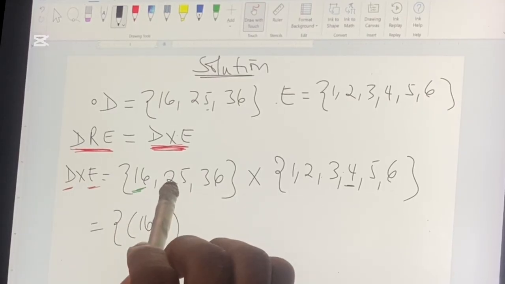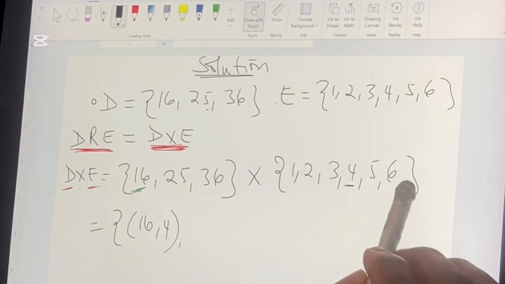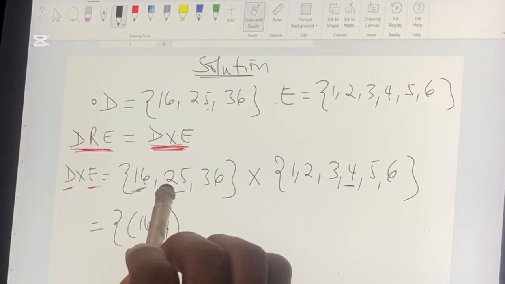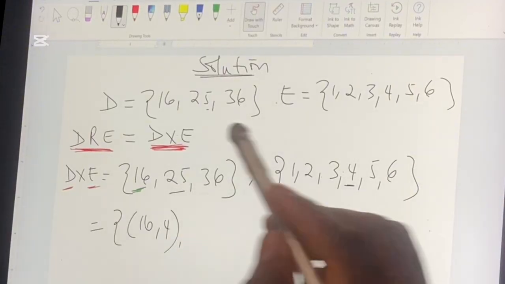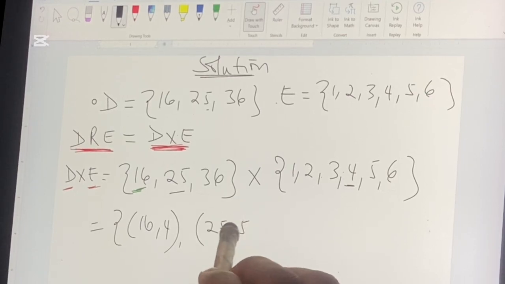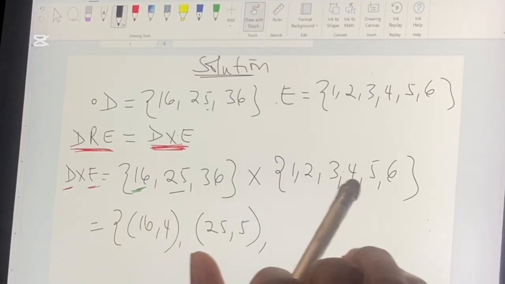So let's move to the next number. There's no other such number here for 16. Now let's move to the next number, 25. 25 will relate with its square root, which is 5. So when you do that, we have 25, 5. There's no other such number here for 25.